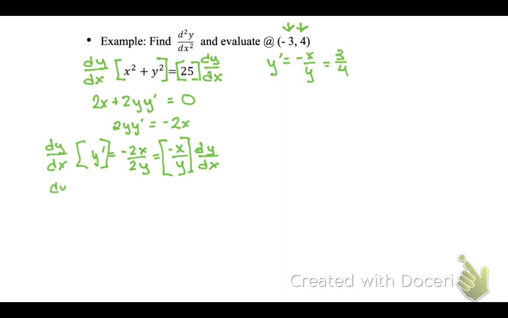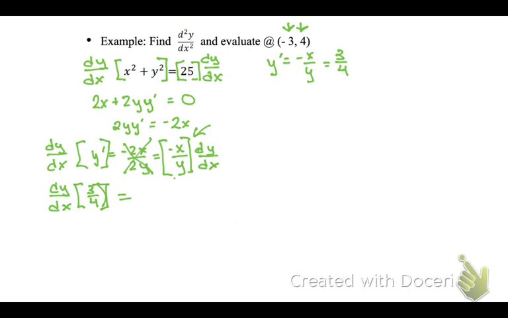So I have dy/dx of 3/4, and dy/dx of this. But this is going to have to be quotient rule. What about your negative 2x over 2y? I reduced it to this.